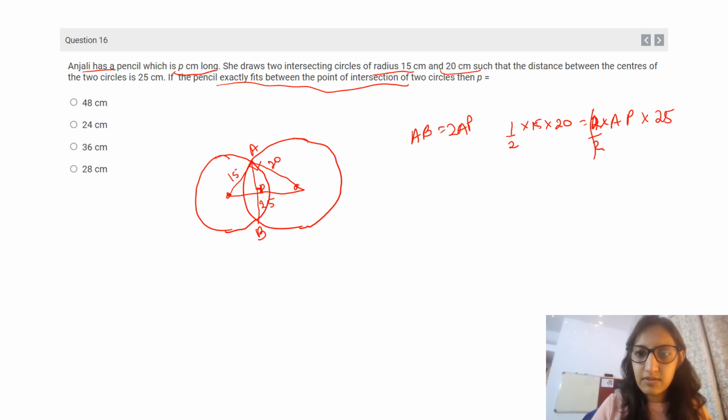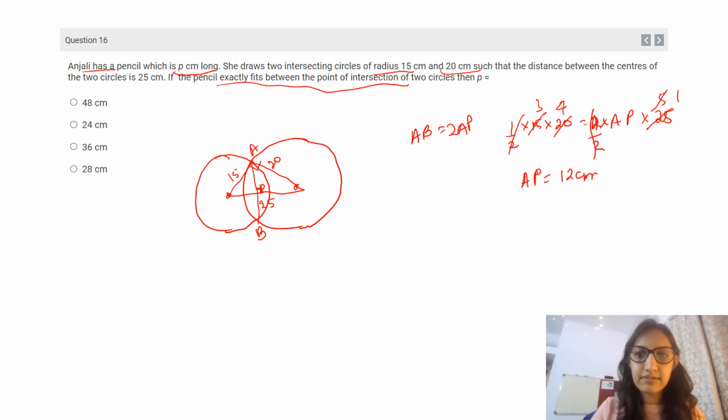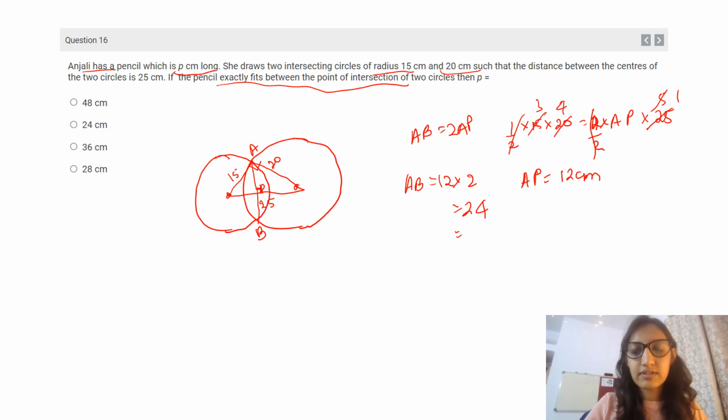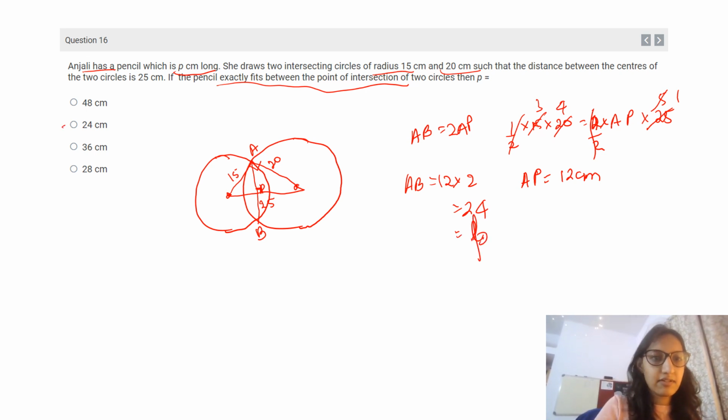Okay, so from here you will get AP as 12 centimeters. That means AB is 12 into 2 equals 24. So this is the length of the pencil, or I should say P here.